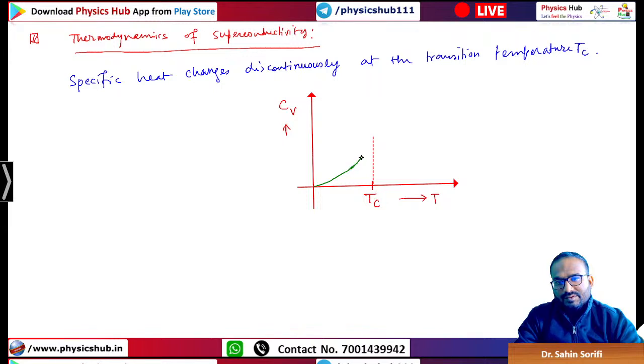Now it suddenly drops. It shows a discontinuity and it goes. So this portion is superconducting and this is for the normal.